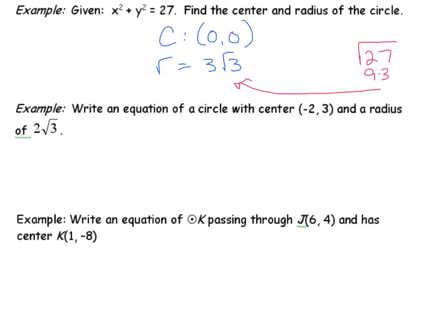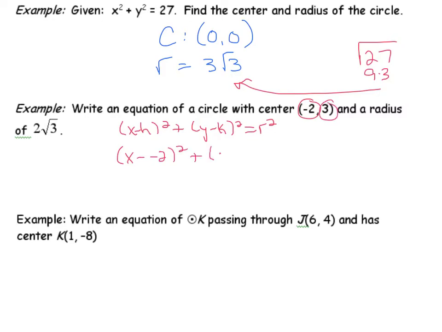The next example asks you to write an equation with a center of (-2, 3) and a radius of 2 square roots of 3. Well, all you have to do is plug it into the equation. Remember, your equation is (x - h)² + (y - k)² = r². This is h, so that's x minus a negative 2 squared.